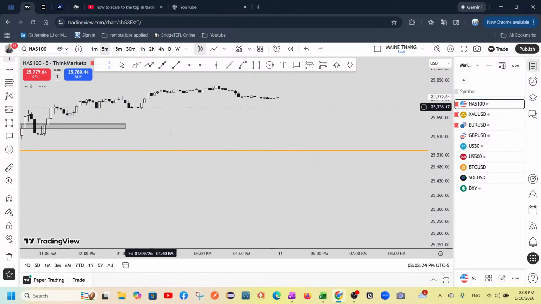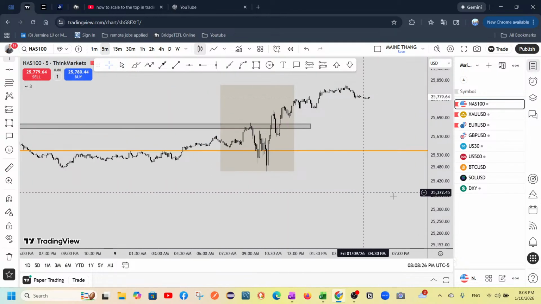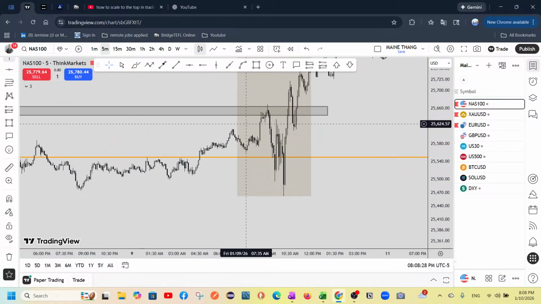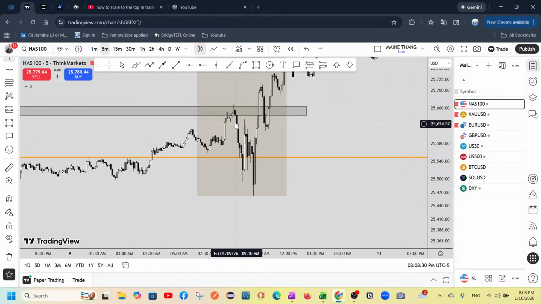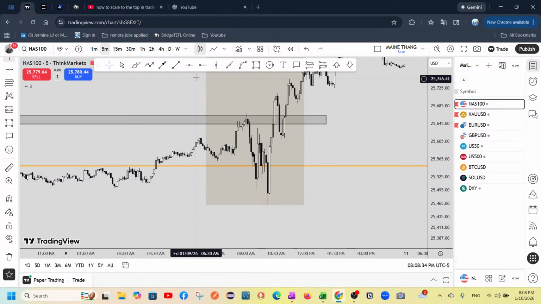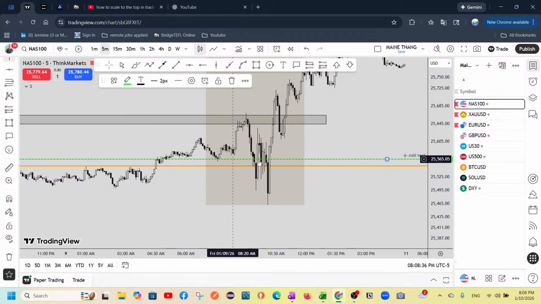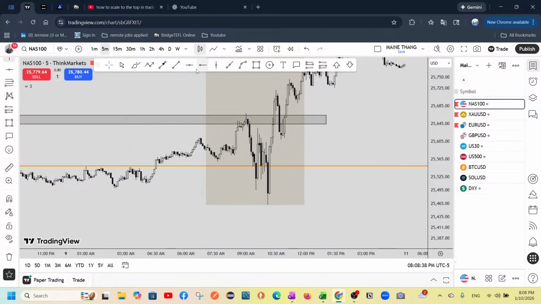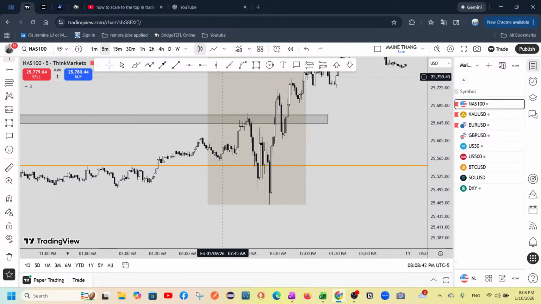So if we hop on the 5-minute and see, it did correct, this is our resistance level, and it did break structure downward, right? Trend line.